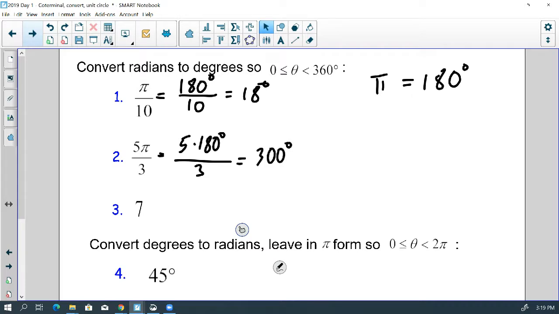But what do I do here? There's no pi. So how do I convert that to degrees? I can go back to this sentence right here. If I got an equal sign here, I know that pi is 180 degrees. So I can divide both sides by pi.